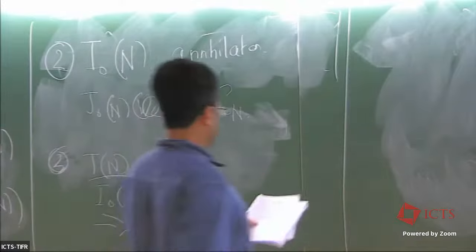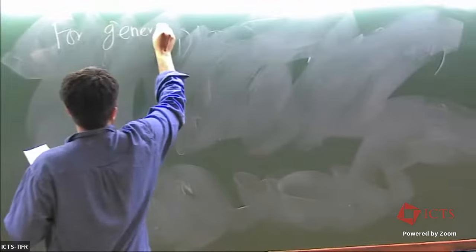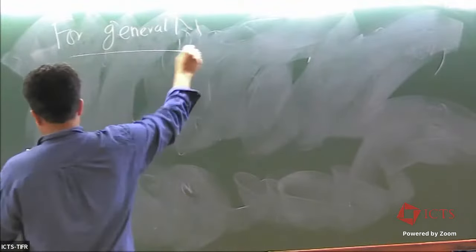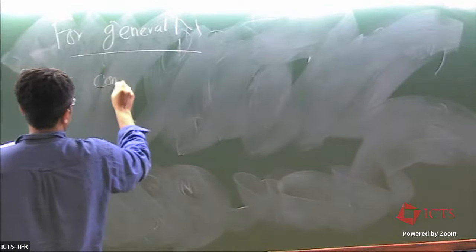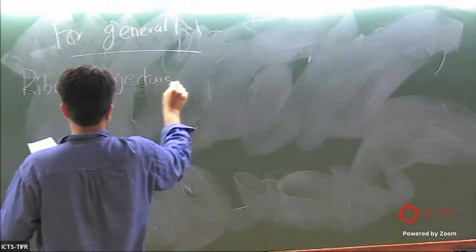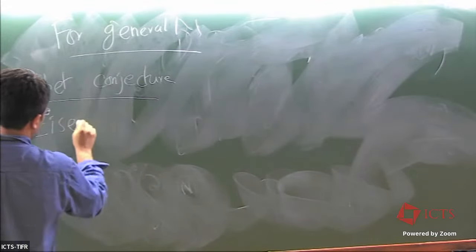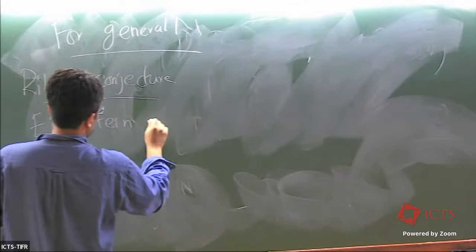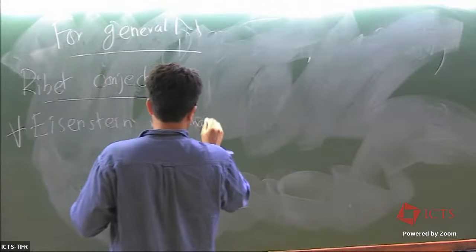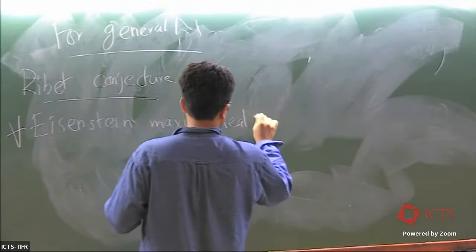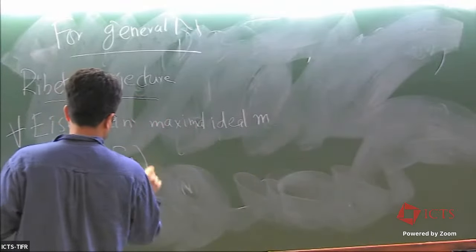So for general n, Ken Ribet conjectured that if you take any Eisenstein maximal ideal M, then Cn of M is non-zero.